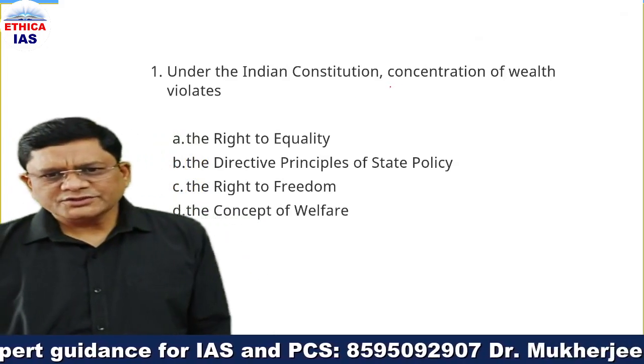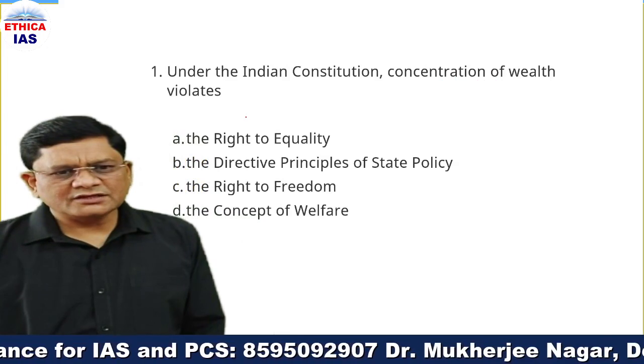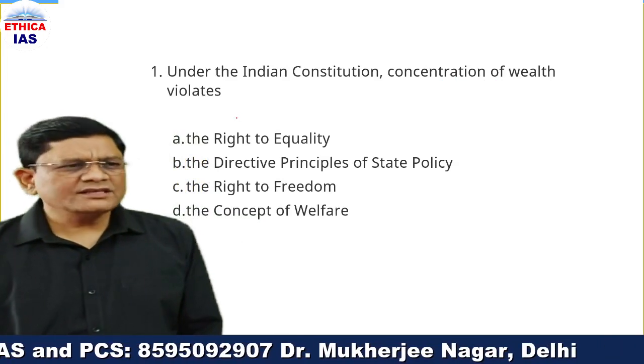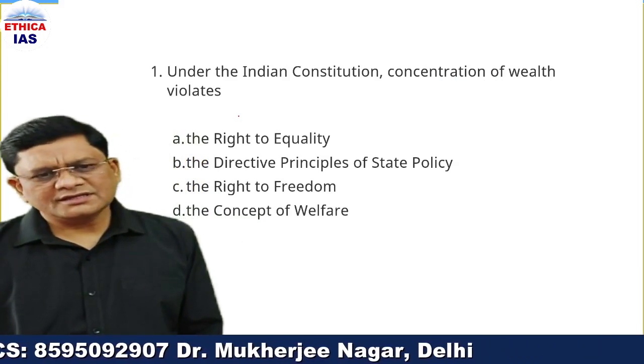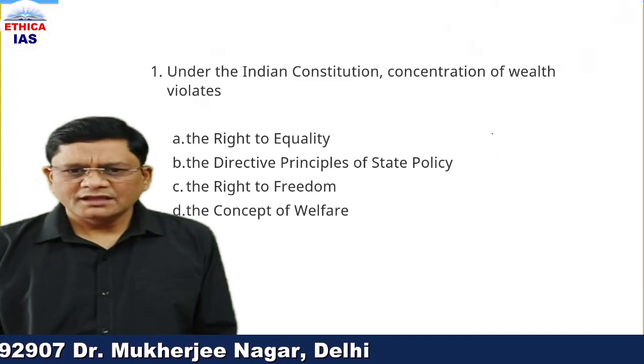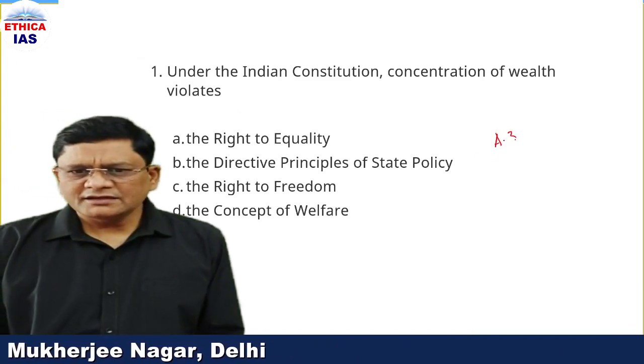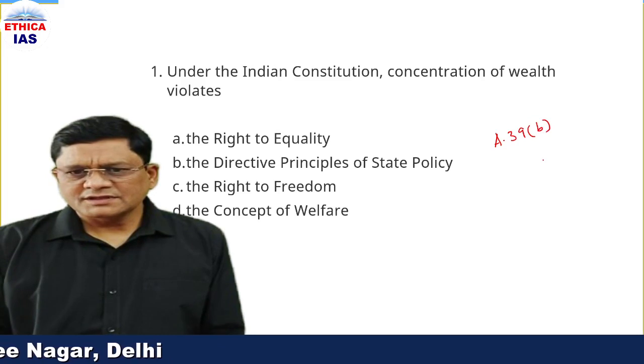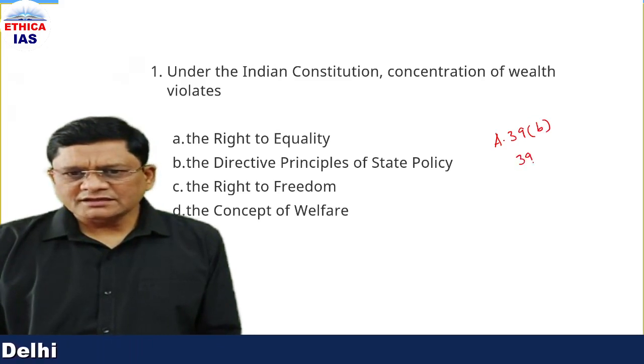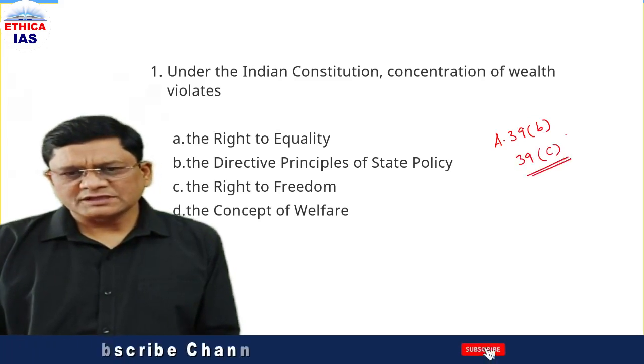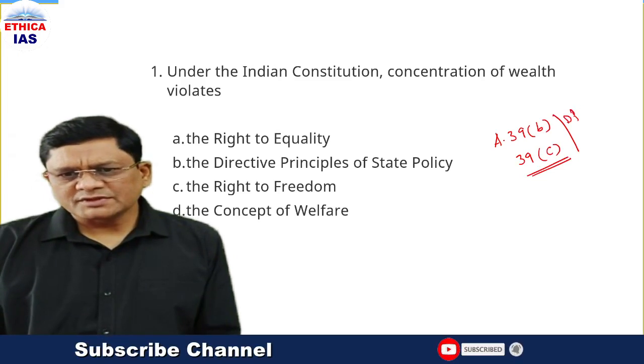Under the Indian Constitution, concentration of wealth violates... Very easy, very simple. It is a direct question from Article 39 clause (b) and Article 39 clause (c), related to directive principles of state policy.